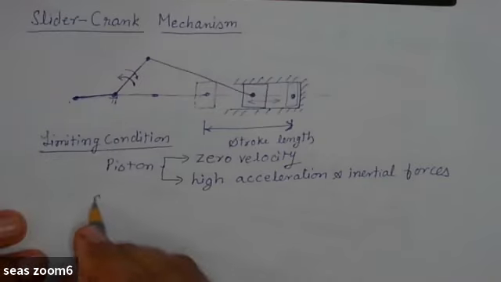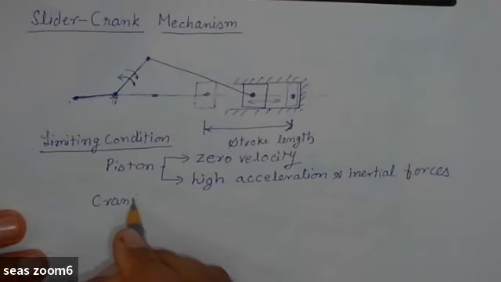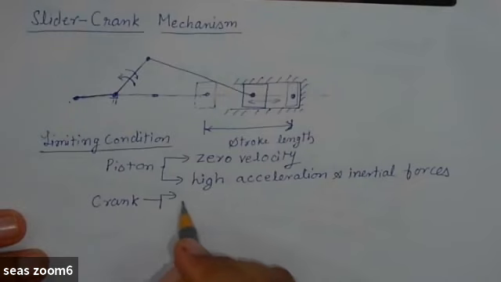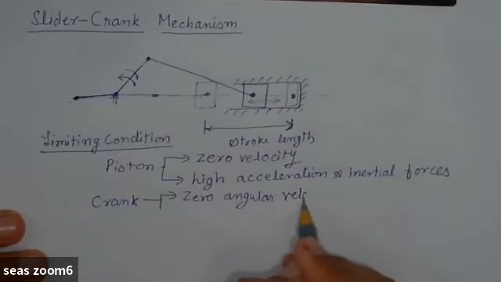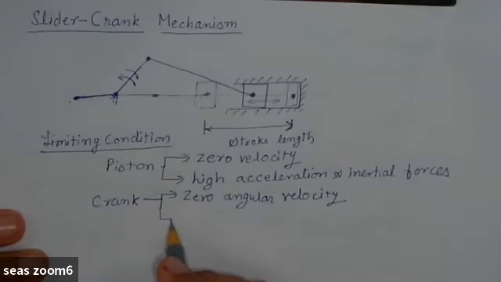What happens at the crank end is that at this limiting position, the crank has zero angular velocity and very high angular acceleration.